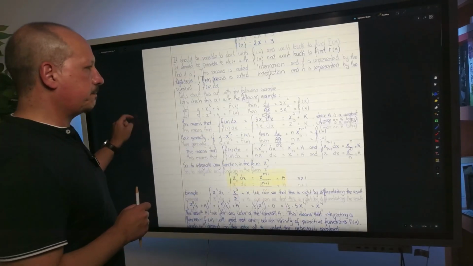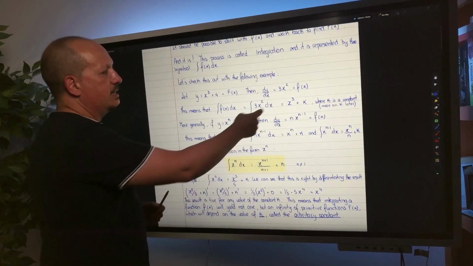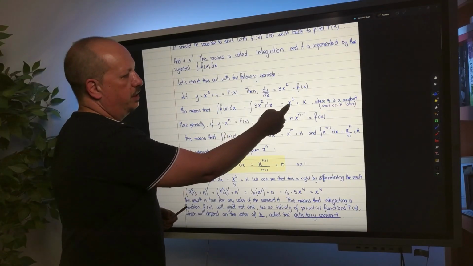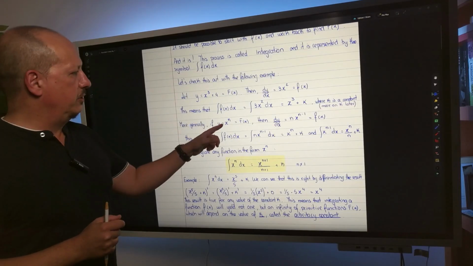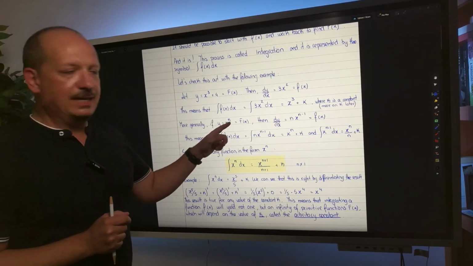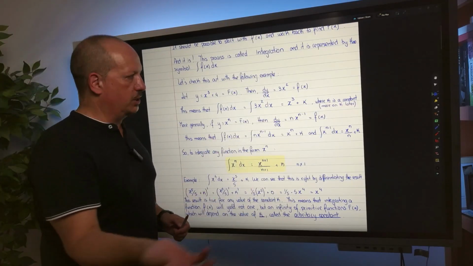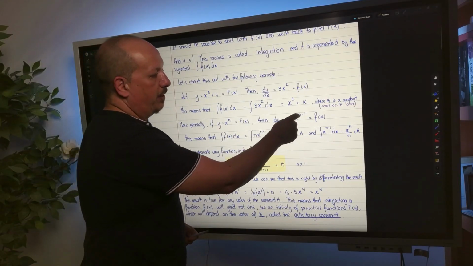All right? So what have we done here? Let's try to generalize what we did as we went from here to here. If we have any function in the form of x to the power of n, then if we differentiate this, we already know from the previous chapter that we will have n x to the power of n minus 1, right?